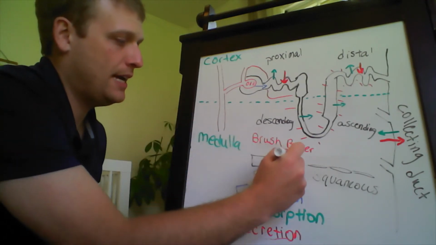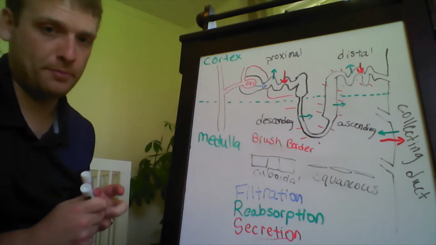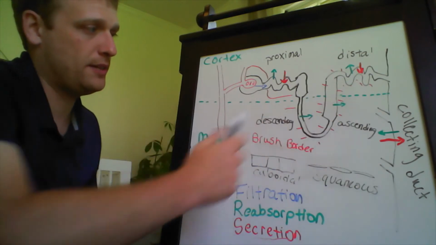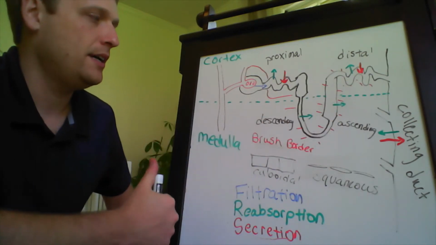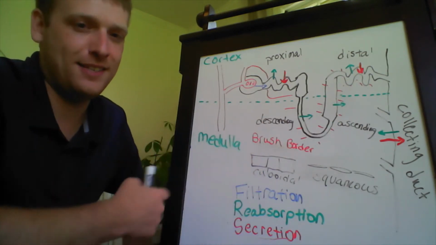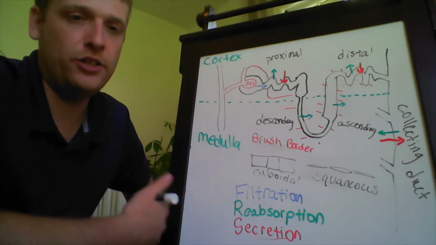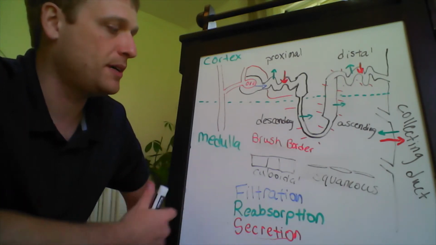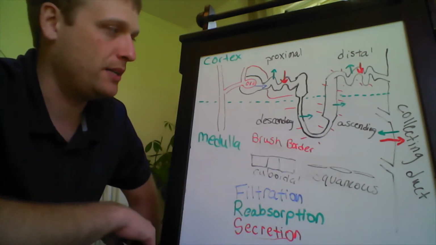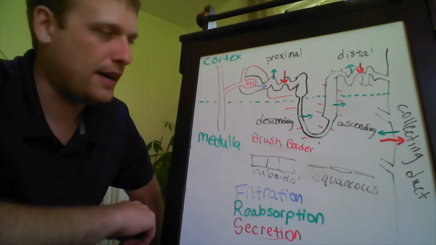They do contain sodium pumps, so you're actually going to be doing some reabsorbing here, but not because there's microvilli that are particularly good at absorbing things. It's because there are actually pumps on the membranes, and we'll get more into that in the future.